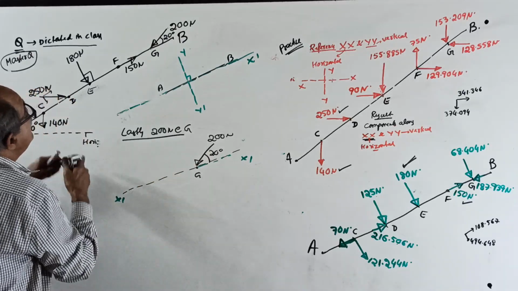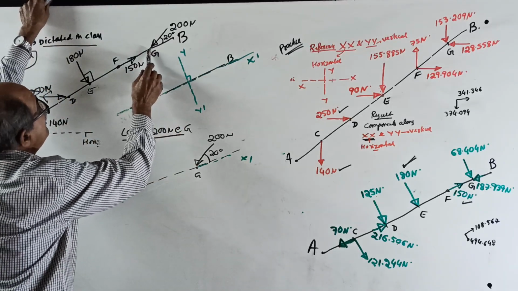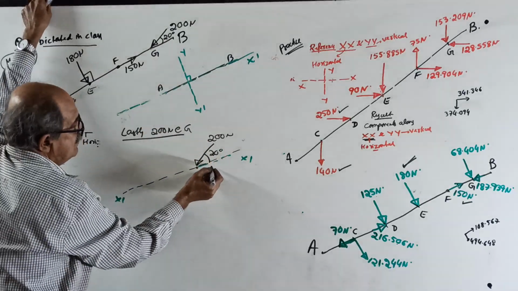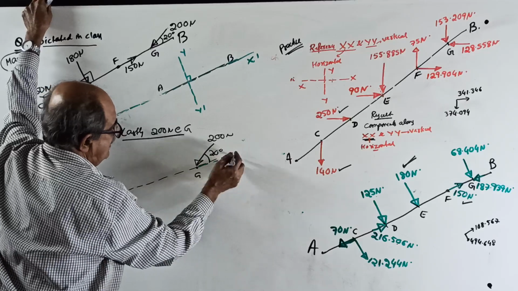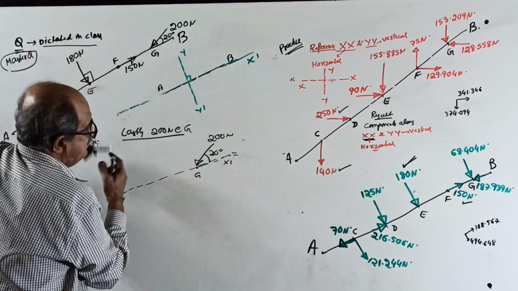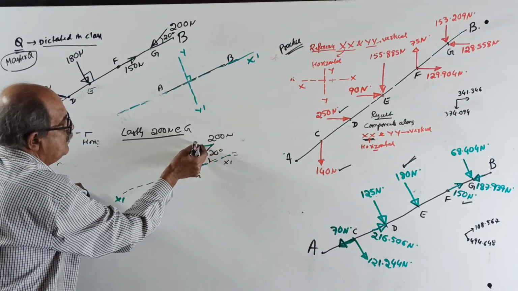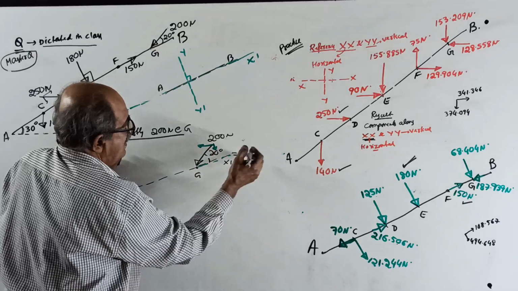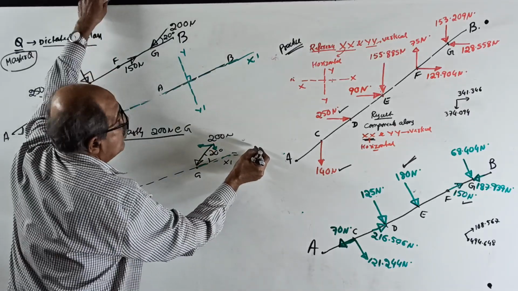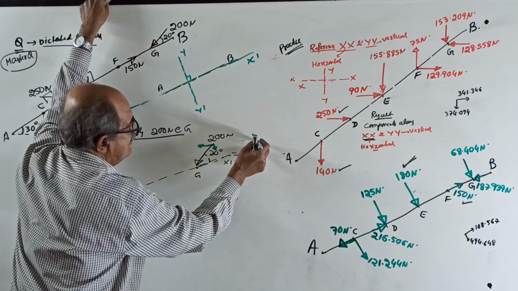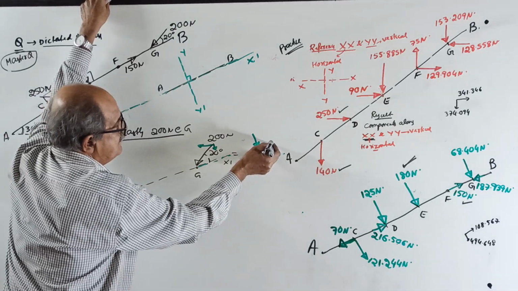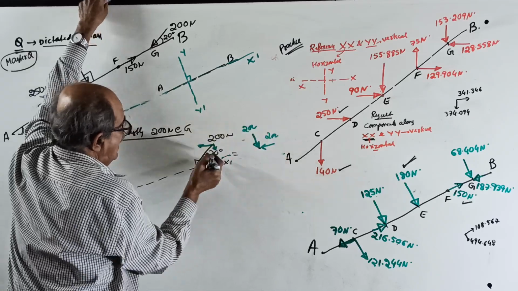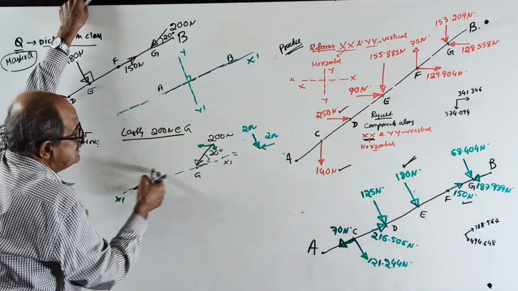But see, last time when you took xx, you took 30 plus 20. Now, therefore, here we have to write x dash equal to, one component this way, one component like this. So at the point G, it has one component like this, one component like this. This is 200, angle is 20 degrees with x dash.